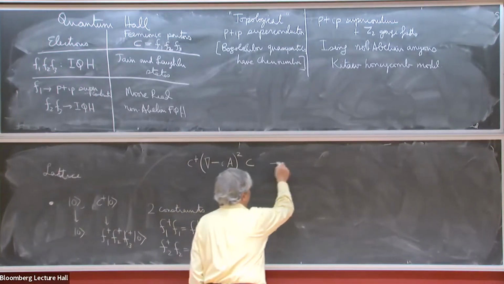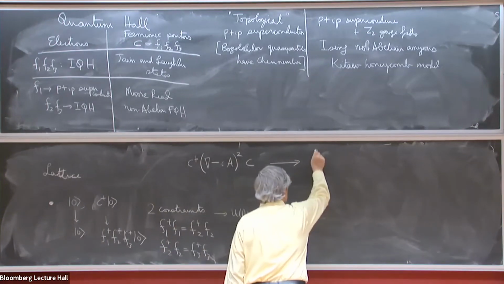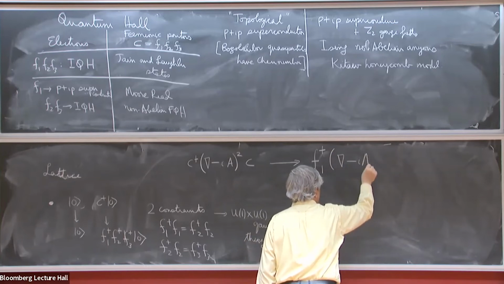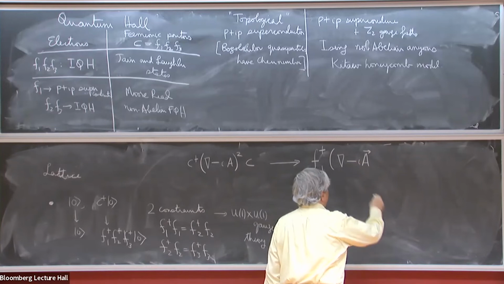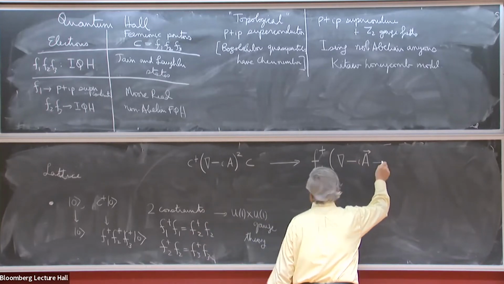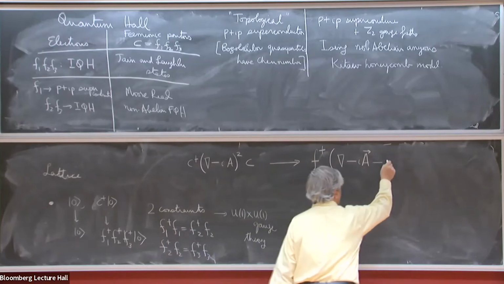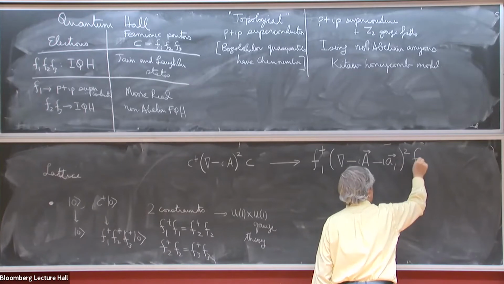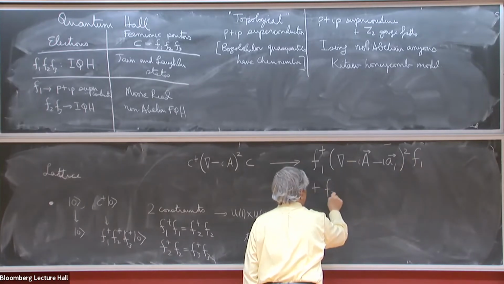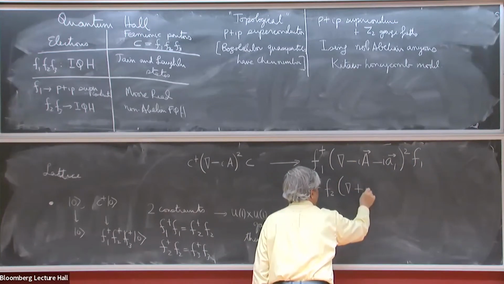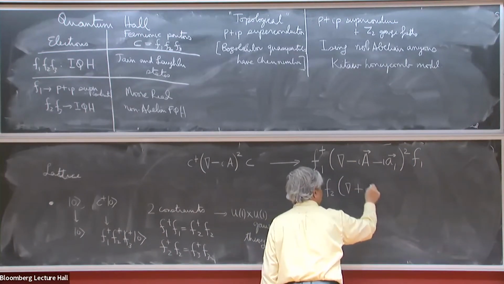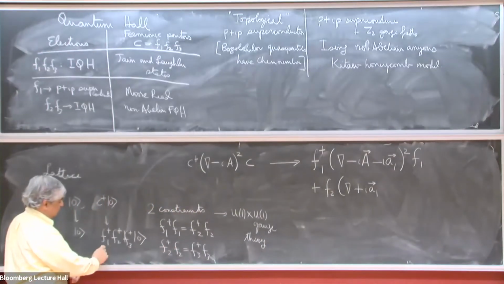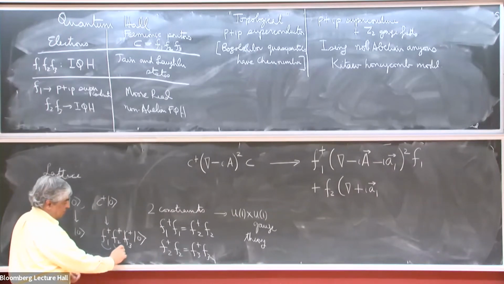So what will I get? What will be my free particle Hamiltonian for these partons? So I have F dagger 1. Let's say it experiences the physical gauge magnetic field. It's all acting on F1. But then there's a gauge field that imposes this constraint, which I call A1. And then F2 will have the opposite sign of A1, because when you do a gauge transformation, if you transform this by one factor, this has to have the opposite sign.